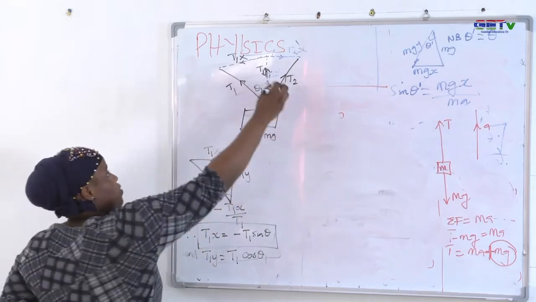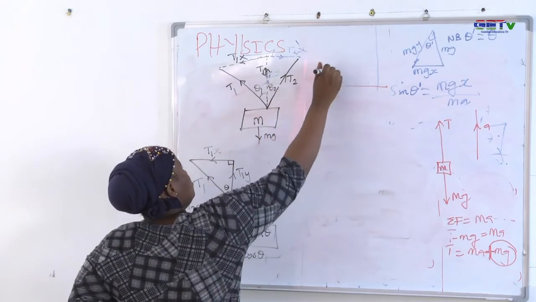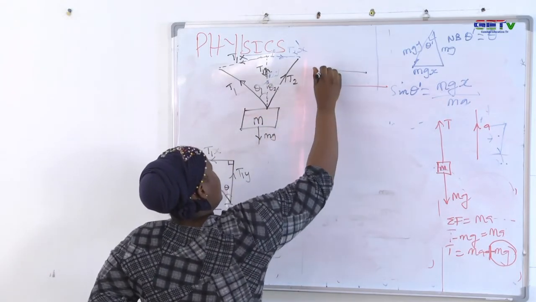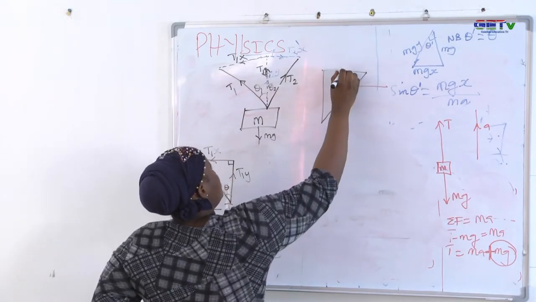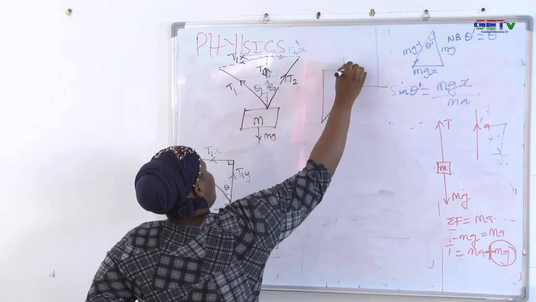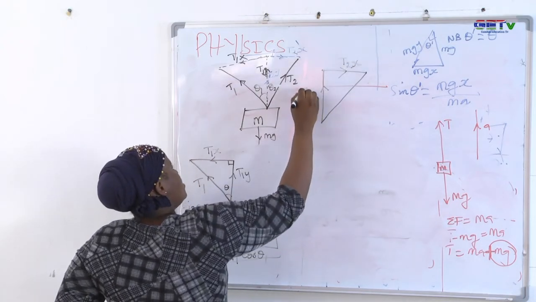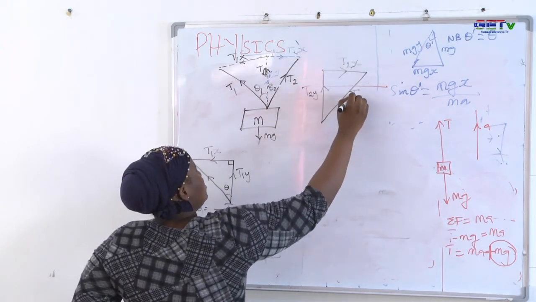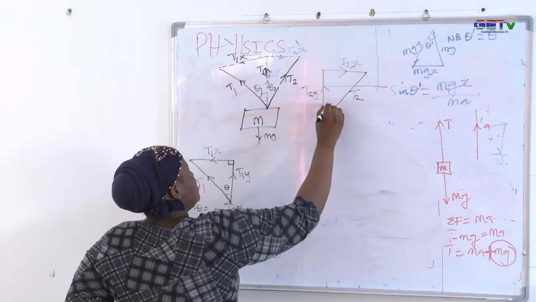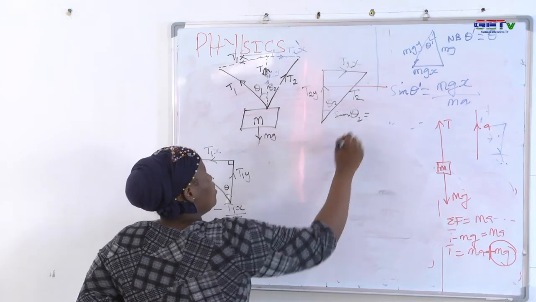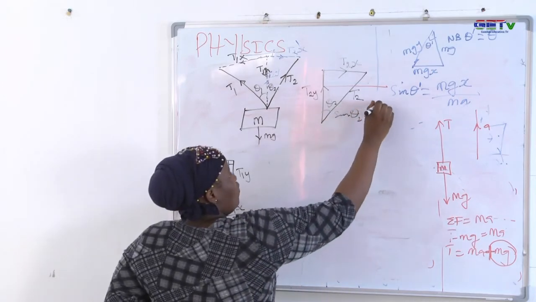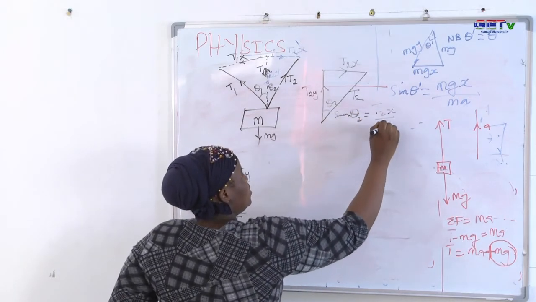We do the same thing for the second tension. You extract the triangle as it appears on the diagram. This will be T2 of x. This is T2 of y, and that's T2. That's angle theta 2. So we use sine theta 2 is equivalent to T2 of x all over T2.